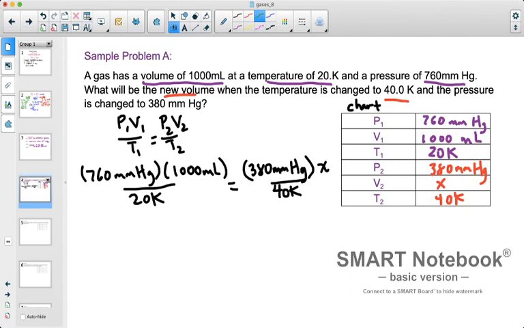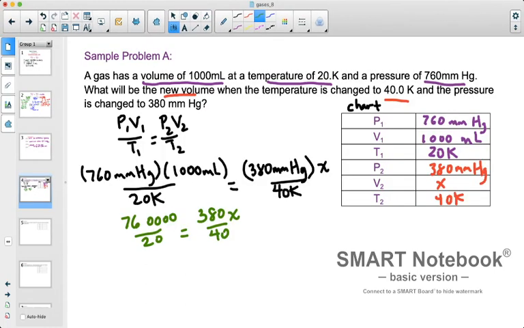When I simplify, I end up getting 76,000 divided by 20. And now since this is my work in the green, I don't need my units anymore. I satisfied my 4-point rubric, and now I'm just doing this for myself. And then I'm going to write 40 there without a unit. I'm going to cross multiply.